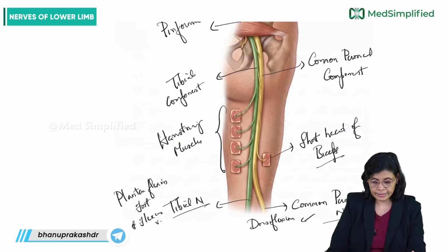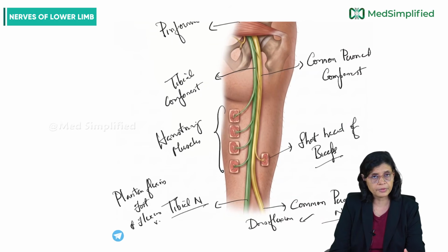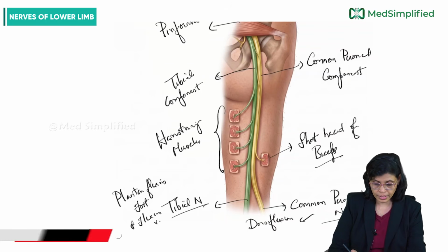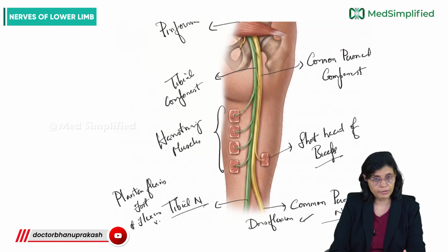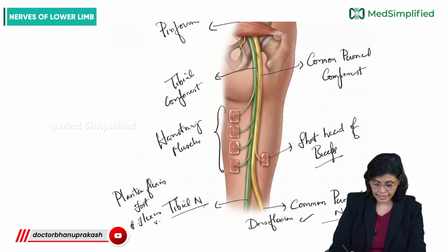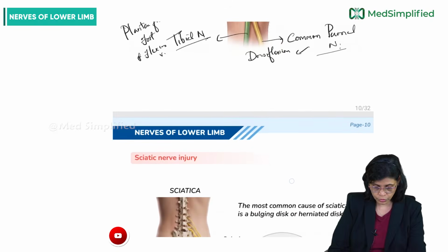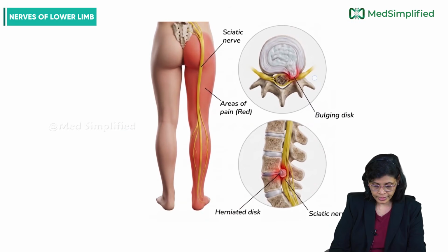The sensory branches of the tibial nerve basically supply the skin on the back of the calf, the medial and lateral aspect of the heel, as well as the lateral border of the foot and the whole of the sole.